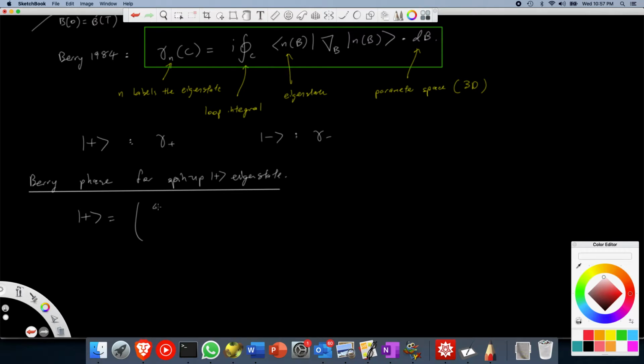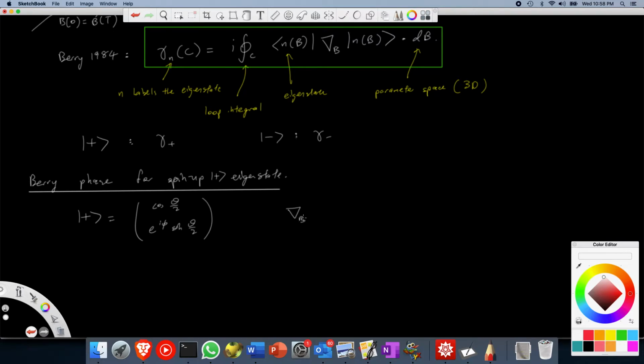It is this two-vector, a complex vector. Of course, you can add a phase to this and it wouldn't change the Berry phase. Then we have the gradient in three-dimensional parameter space of that.